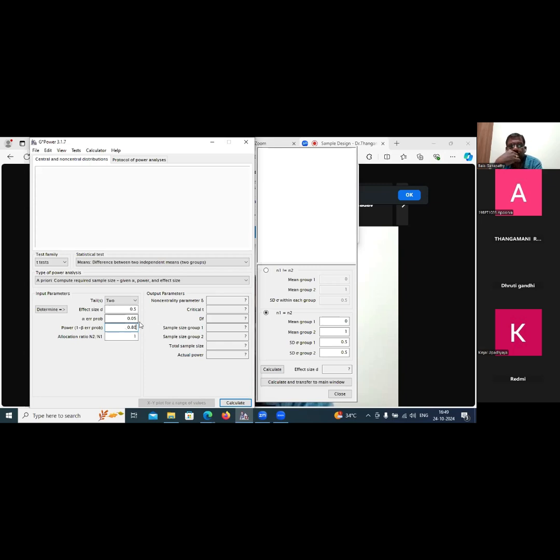If we don't know, by default we don't go for small. I don't know whether my effect size is going to be large or small, so I keep 0.5 and enter. Each group then needs 64 people, so the total sample size is 128: 64 back pain patients in the experimental group and 64 in the control group.